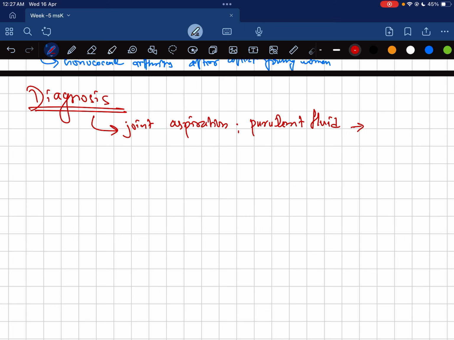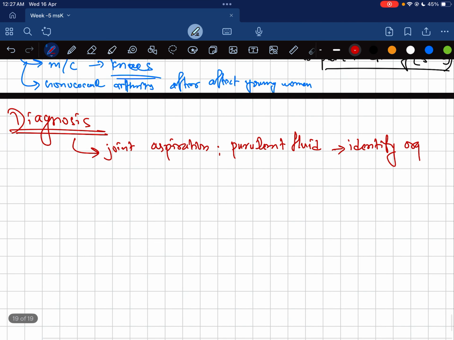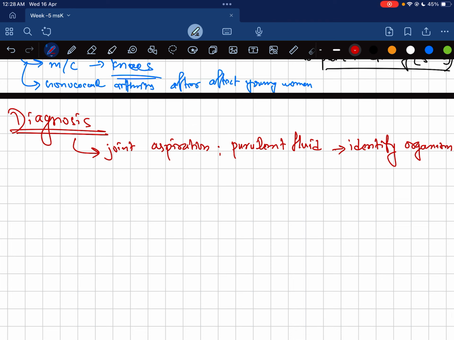Gram stain and culture identify the organism, and prompt antibiotics can be given to prevent joint destruction.